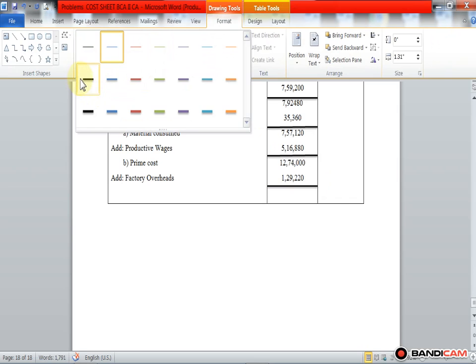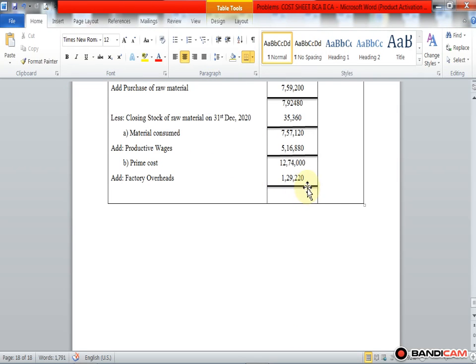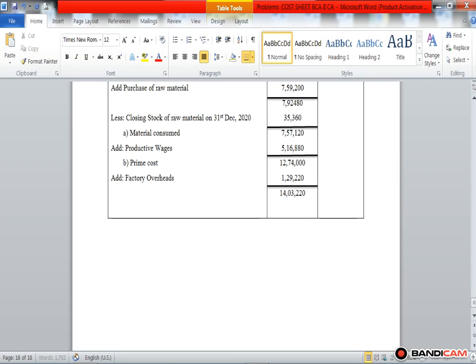Adding the factory overheads to prime cost, we get work cost, that is 14,03,220. This is factory cost or work cost, that is we find out C. Work cost 14 lakh 3,220.